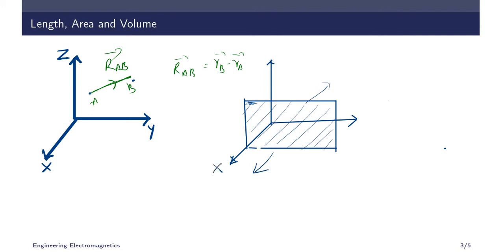This is x-axis, this is y-axis, this is z-axis. Now if there is another plane in this direction, there is a direction. So the area, or surface, is a vector.